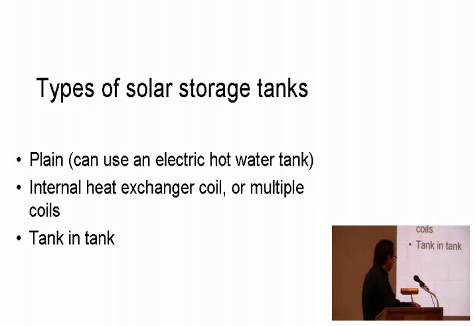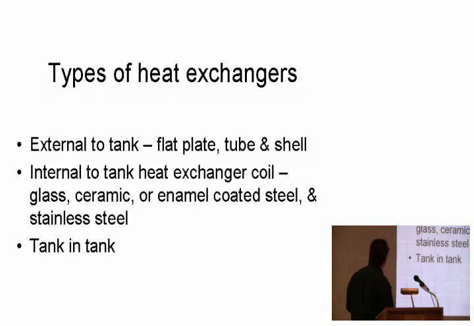Then there's the internal coil type of heat exchanger, or multiple coils, as I showed you in the other system. And then there's another one called a tank-in-tank, which is a little bit difficult to describe, but literally it's a tank inside of a tank, and it uses the outer shell of the inner tank as its surface for heat exchange to the fluid in the outer tank.